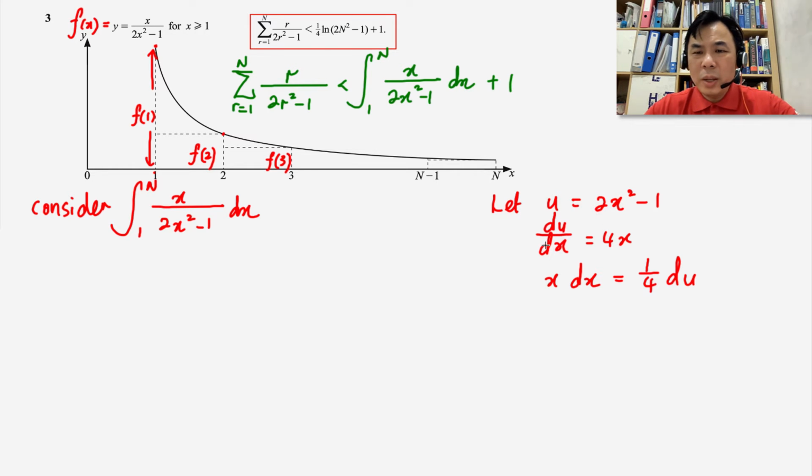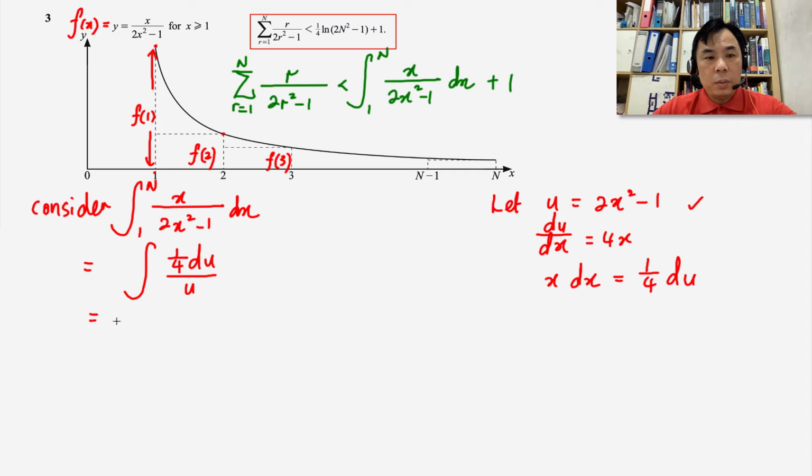And then once you are ready with this, we are able to substitute this because the numerator is u, and the denominator x dx is a quarter of du. And then I'm going to drop the boundary first, because later I'm going to replace the u that I'm using here.